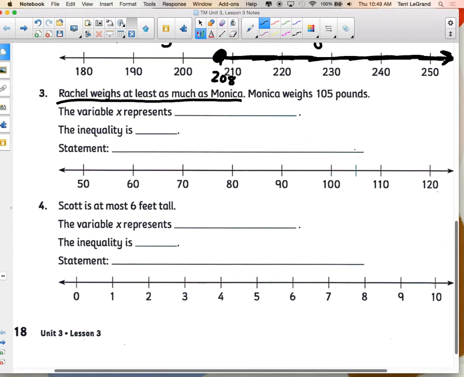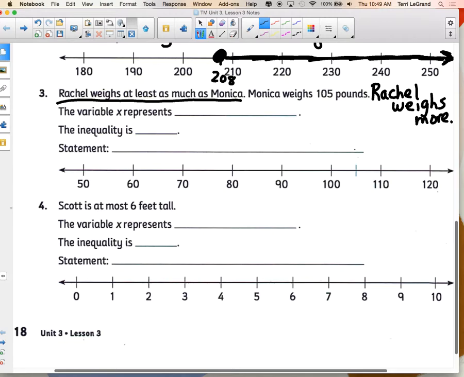So, Danny? She weighs more than Monica. Yeah, let's put that off to the side here. Rachel weighs more. It says that she weighs at least as much as Monica.